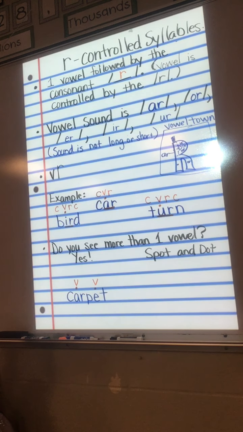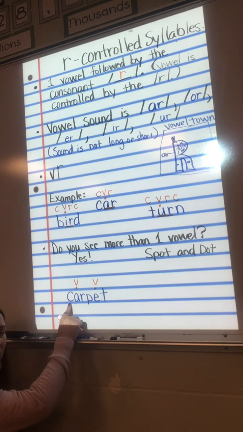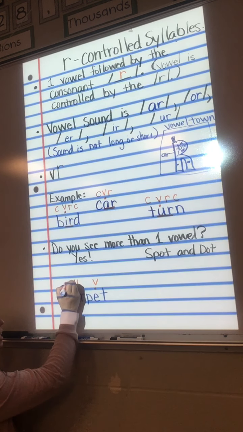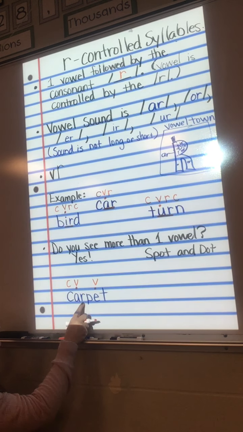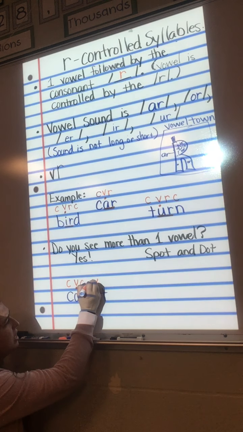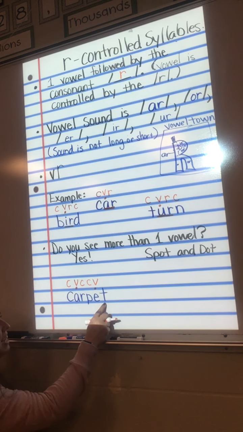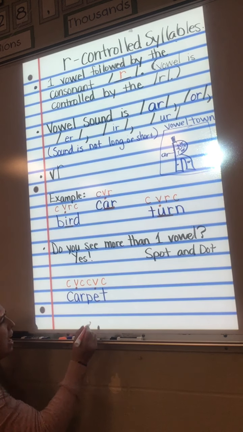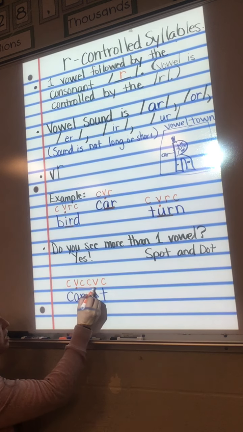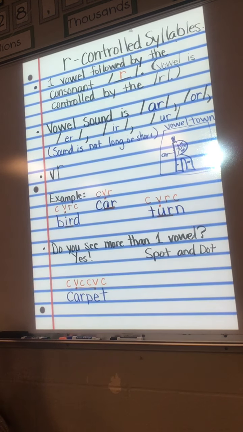Now, I need to identify the stuff around it. So, this C is a consonant. This R is a consonant. This P is a consonant. And this T is a consonant. Now, I remember I'm supposed to connect my vowels, so I'm going to connect those.